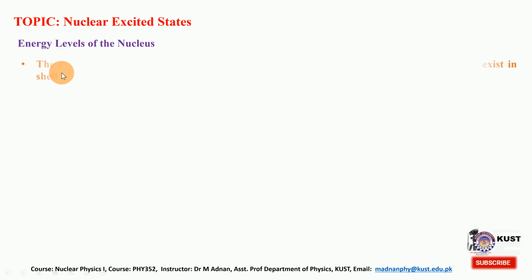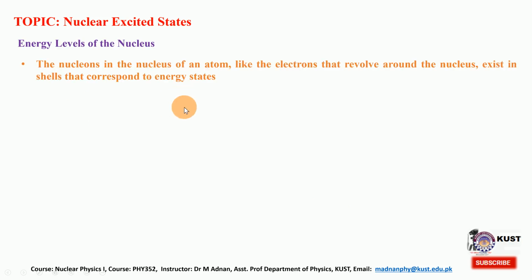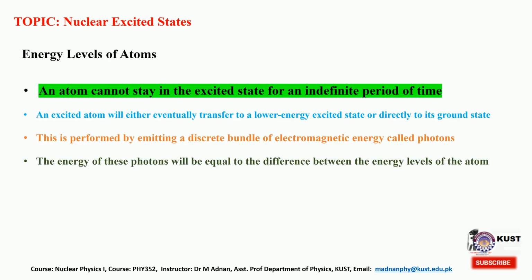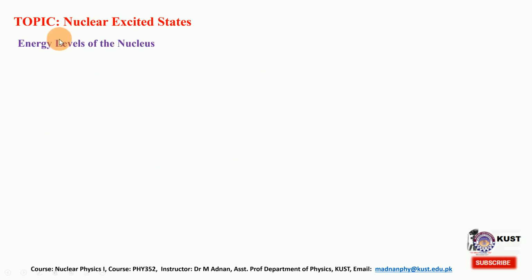Now, the same thing we'll be using for the nuclear energy levels and the excited state. Based on the descriptions we have discussed on the previous slide regarding the atomic levels, or the energy levels of an atom, here we will be discussing the energy levels of a nucleus.